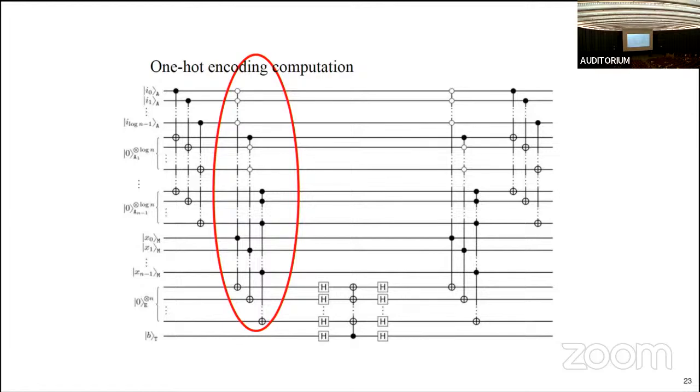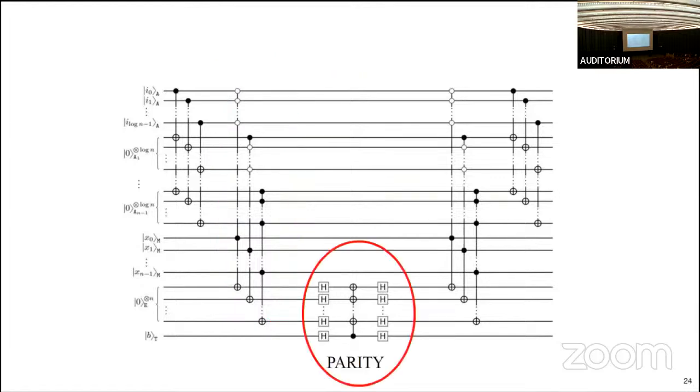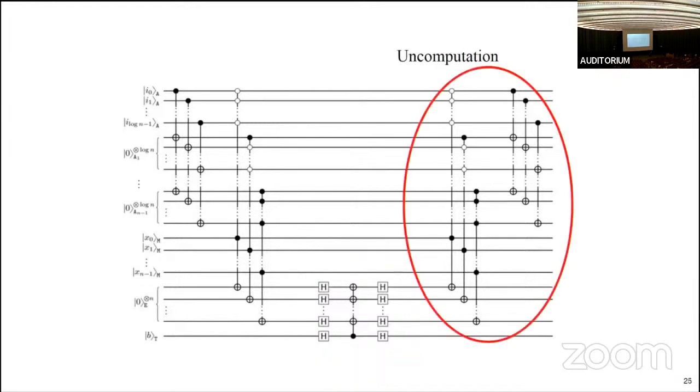You could do this with many CNOTs, or more simply with a parity gate, which is a fanout conjugated by Hadamards. You put your at most one entry into the target, and voila, you have your B plus XY at the target.